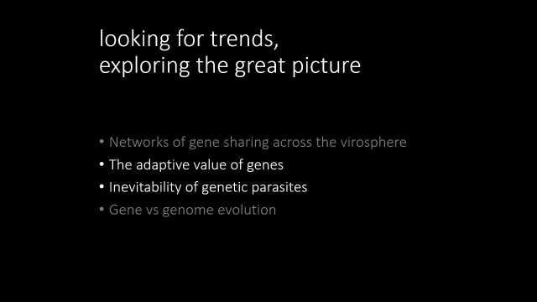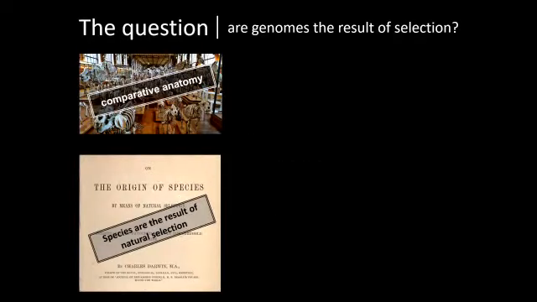So now we're going to move from viruses to bacteria and archaea, but we're still going to talk about genomes. The motivation for this research question has something to do with the recent changes in the way we have been studying evolution in the last decades. So we go back to Darwin and Lamarck's times. Many evolutionary studies were based on comparative anatomy and physiology.